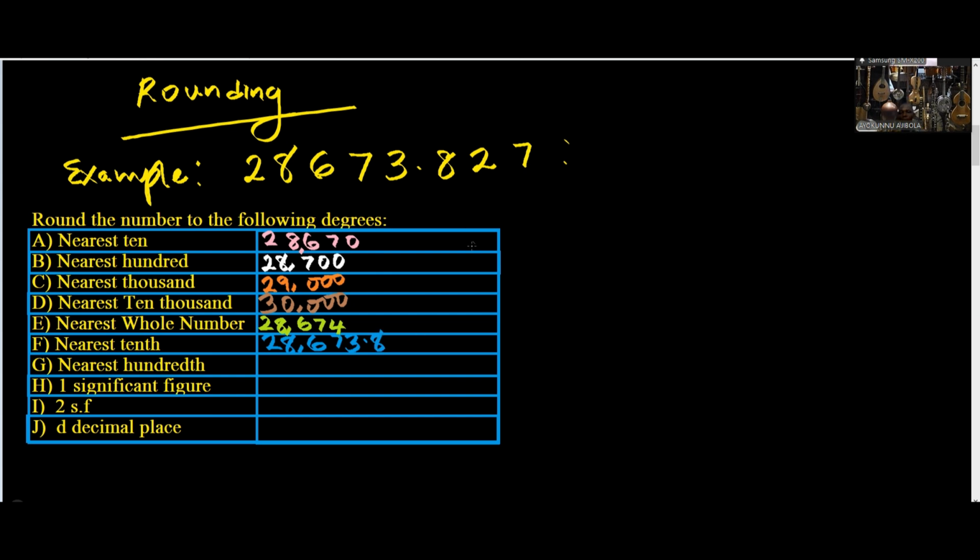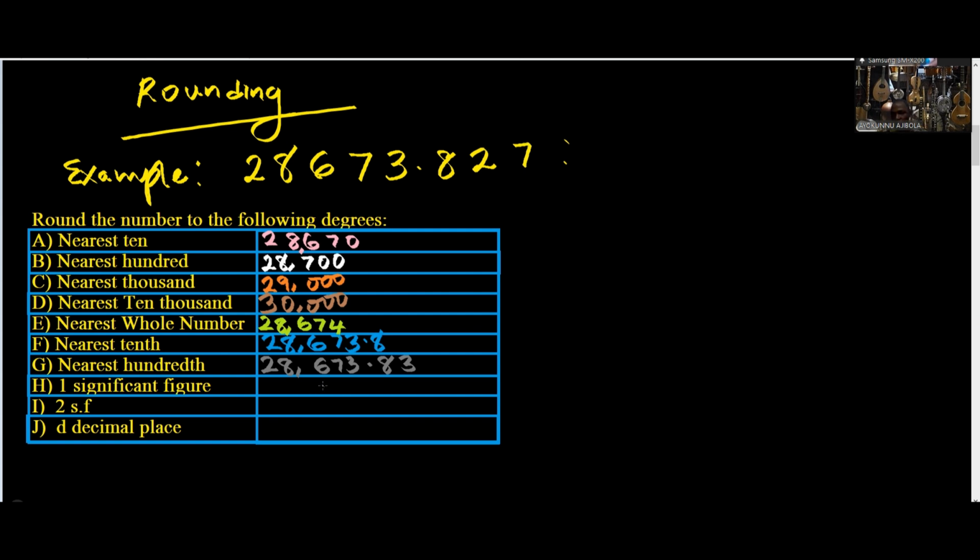Okay? And the next one said nearest hundredth. That is the second digit after the decimal. So this is going to become 28,673.83 because 7 can power this to become the next digit.